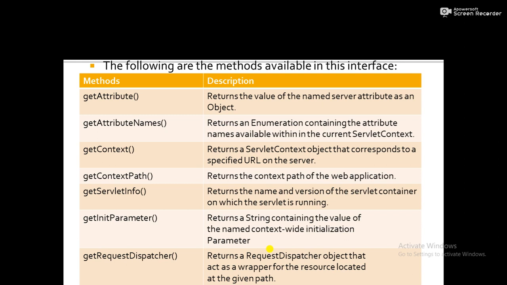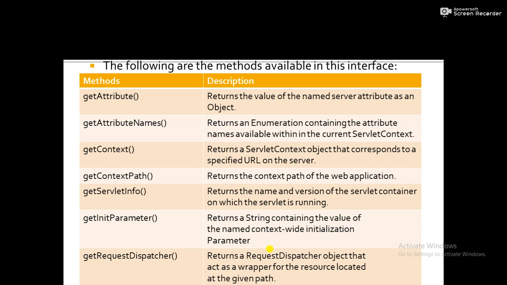So getAttribute returns the name of the servlet that is running. Now getAttributeNames returns an enumeration containing the attribute names available with the current servlet context.